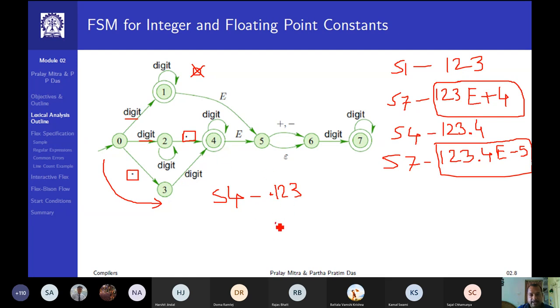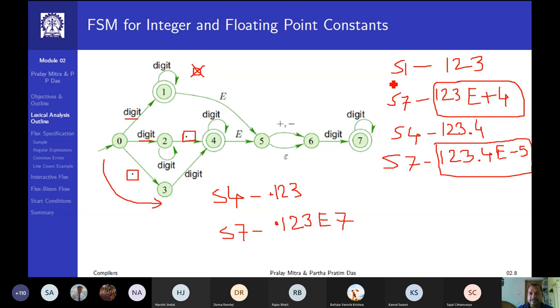Again, after this one, I can definitely write, say, 1, 2, 3, E, and after E, I can write anything, say 7. That is my S7. Okay. Now it is more or less complete.